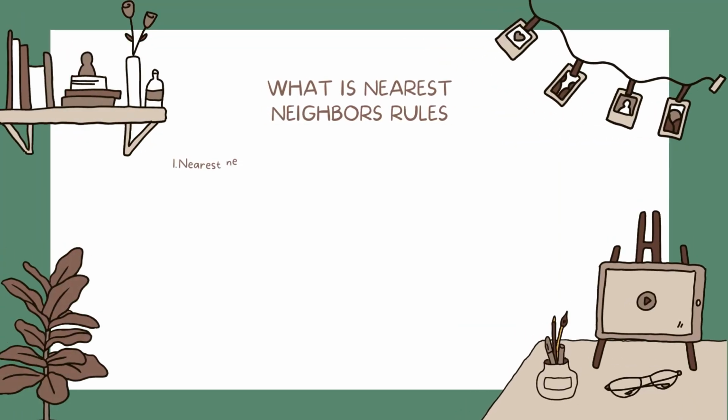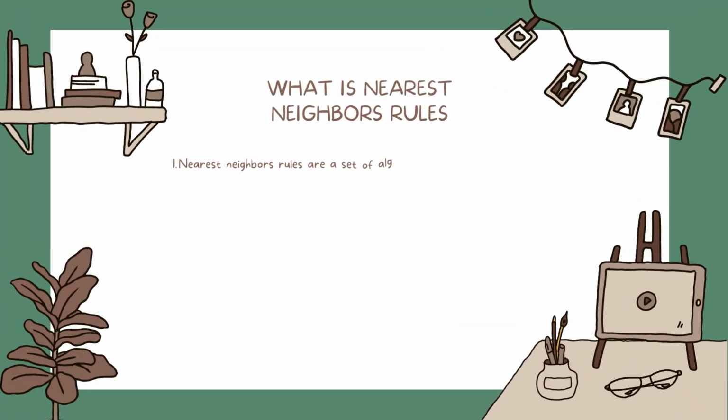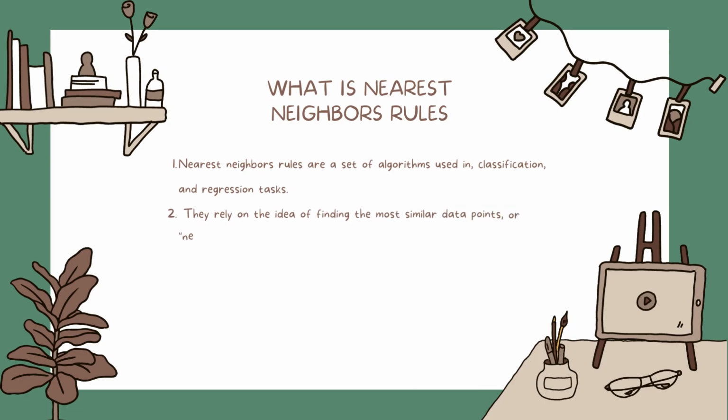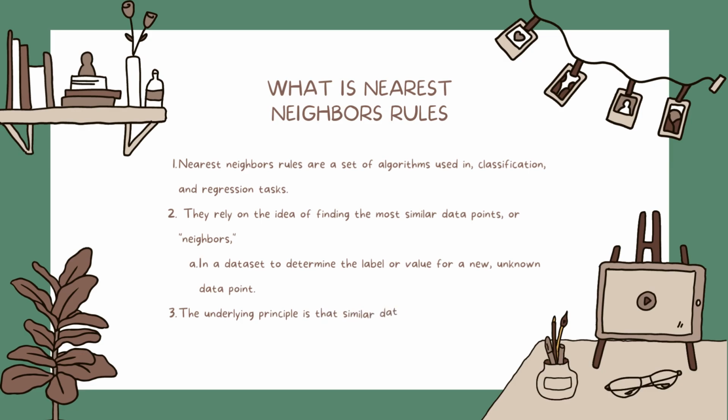So, what is the nearest neighbor rule? The nearest neighbor rule, or NNR for short, is a group of algorithms widely used in classification and regression tasks. The core idea behind NNR is that similar data points should have similar labels or values. Imagine you have a new unknown data point and you want to figure out its label or value.